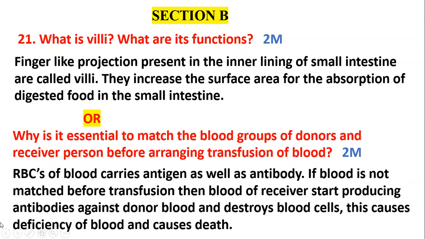If blood is not matched before transfusion, then the blood of the receiver starts producing antibodies against donor blood and destroys blood cells. This causes deficiency of blood and causes death. Have you got an idea of why it is very important to match the blood group?